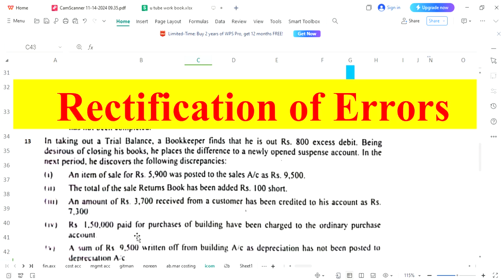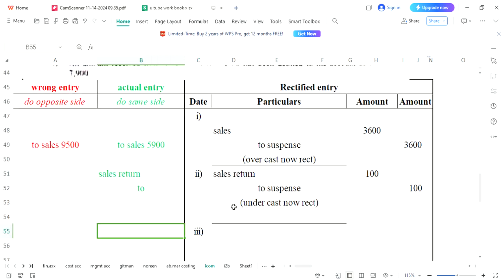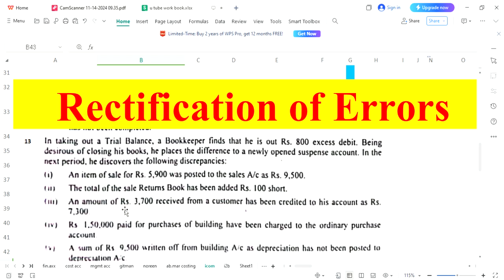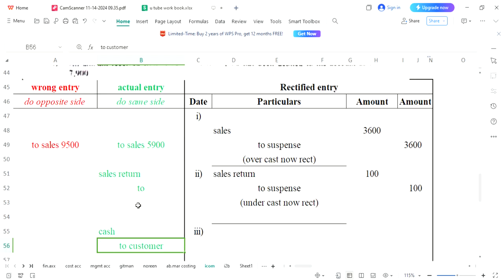Let's look. Amount of rupees 3700 received from customer. So cash is received from the customer. You may write cash to customer, and how much was that amount? The amount received from customer is 3700, so just write down 3700 over here.